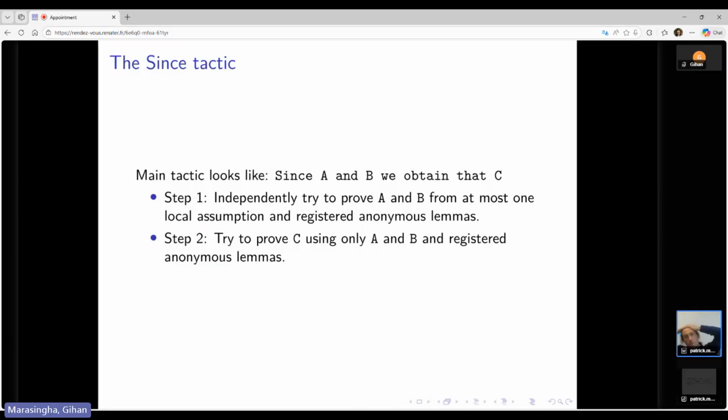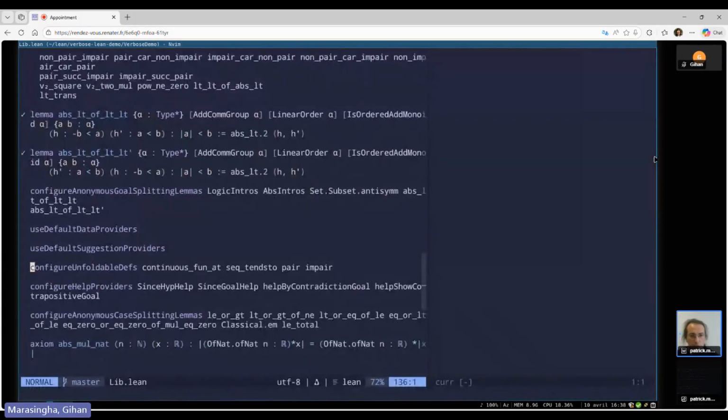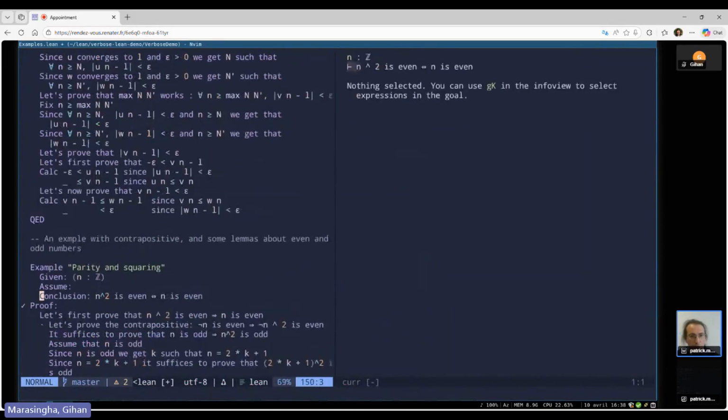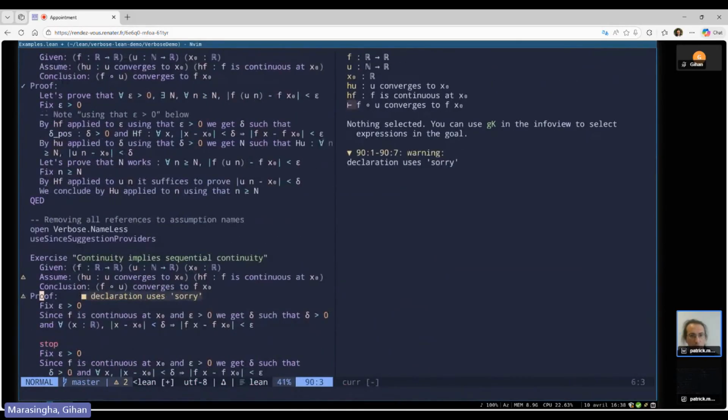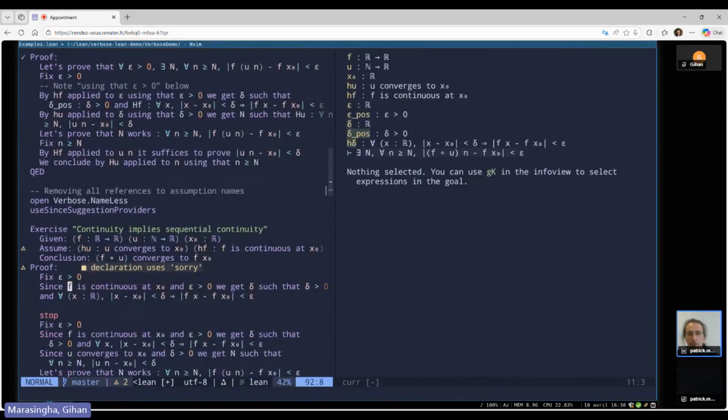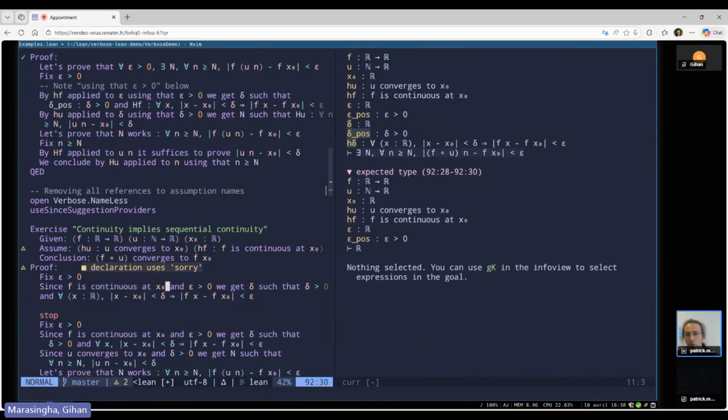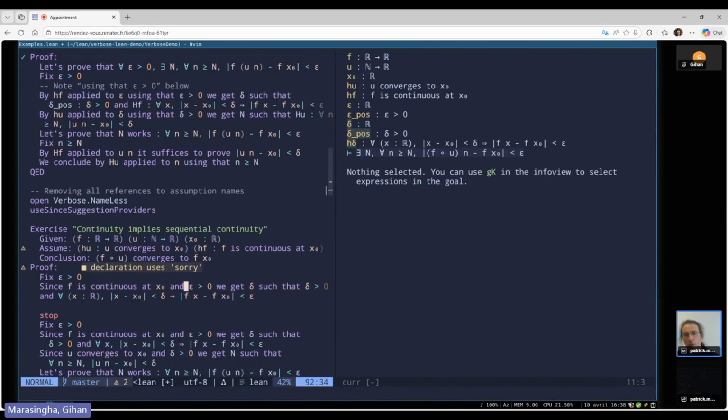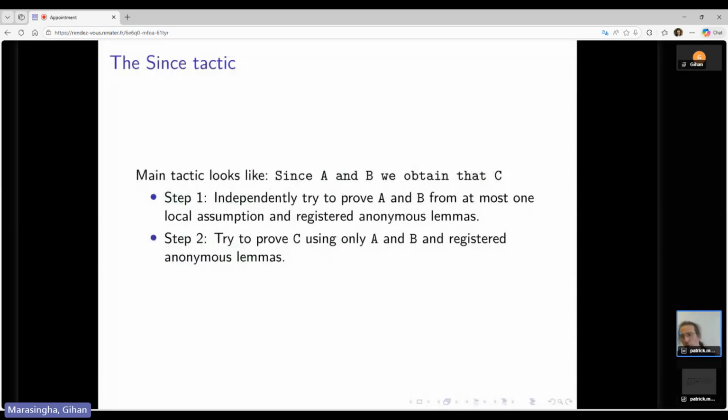I want to insist a bit on the since tactic, which is the main tactic of the framework. It's really important to understand it has two completely independent stages. When you write "since A and B, we obtain C", for instance, "since f is continuous at x0 and epsilon is positive", there could be one claim or more than two claims.